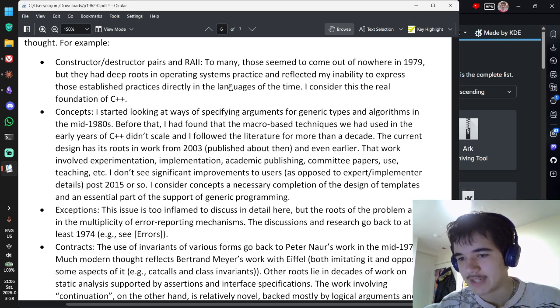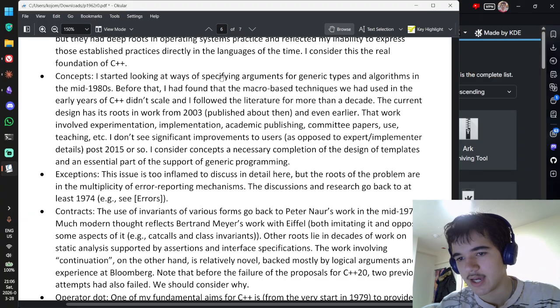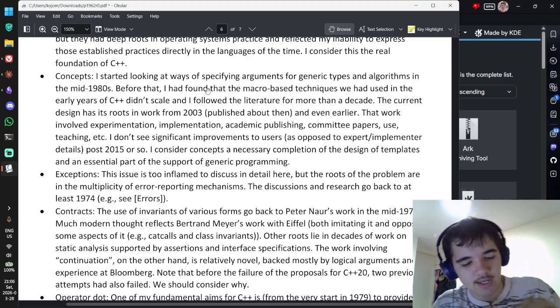"That work involved experimentation, of course, implementation, and academic publishing, committee papers, use, teaching, etc. I don't see significant improvements to users as opposed to experts, whatever, post 2015 or so. I consider concepts a necessary completion of the design of templates and an essential part of the support of generic programming."